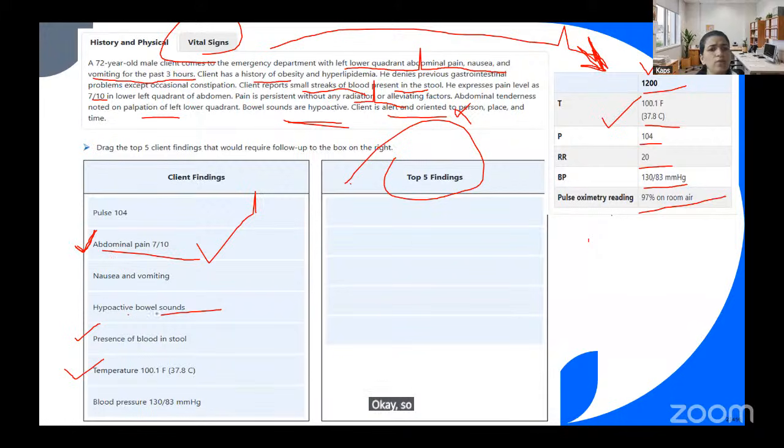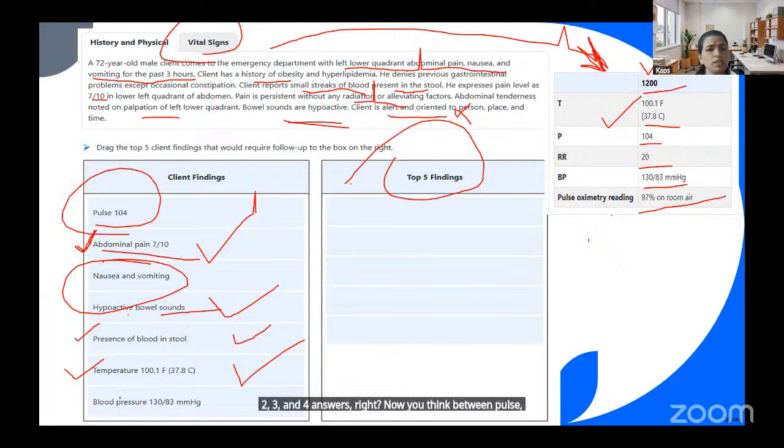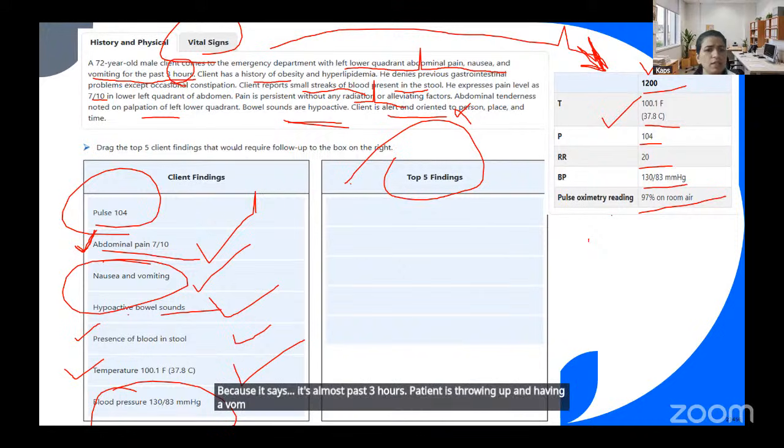Okay, so you found 1, 2, 3, and 4 answers, right? Now you think between pulse, nausea, vomiting, and the blood pressure. I would go with the nausea, vomiting. You know why? Because it says it's almost past 3 hours. The patient is throwing up and having vomiting and everything, right?